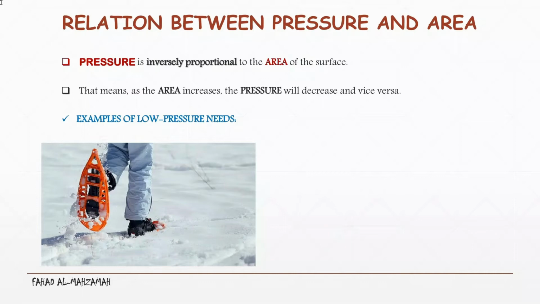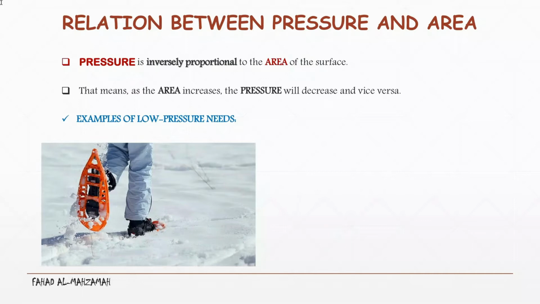If you walk with your simple shoes, your weight will generate a force, according to the weight of your body, on this small area, which is your shoes. So the pressure will be greater and you will sink down in the snow. However, if you want to walk on the snow, you need shoes called snow shoes.